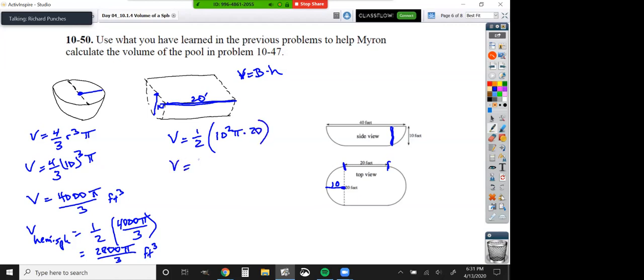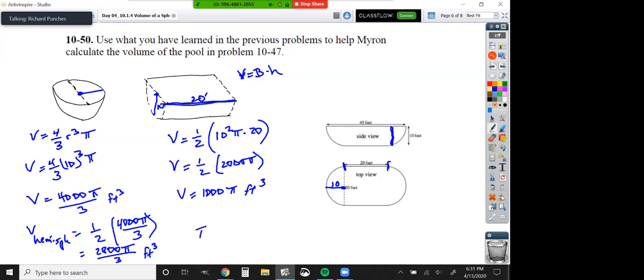So the volume of this piece is going to be half of 100 times 20. 100 times 20 is 2,000 pi. And if I take half of that, I get 1,000 pi cubic feet.